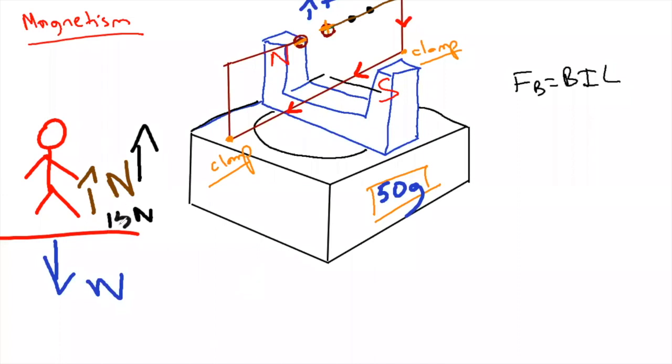If I have 15 newtons upwards, that means by Newton's third law, there's going to be a force downwards as well. So this downward force is going to cause 50 grams to change to 75 grams. That's what happens here. So always remember that this upward force is what determines your weight.